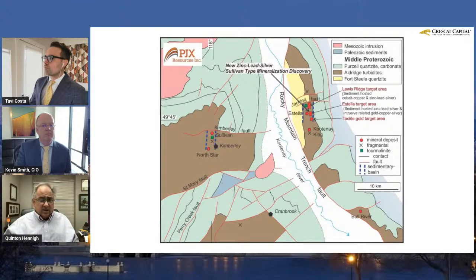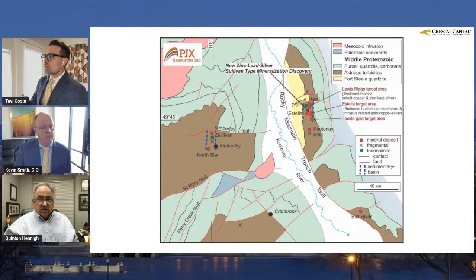Now, this geologic map shows you the different rocks that we have. These are Proterozoic, so they're over 1 billion years old, just for reference. These are fairly old rocks, and they're in packages. This Aldridge turbidites package actually hosts Sullivan, but it also appears to host this new discovery over here on the right-hand side, where those red and green dots are.